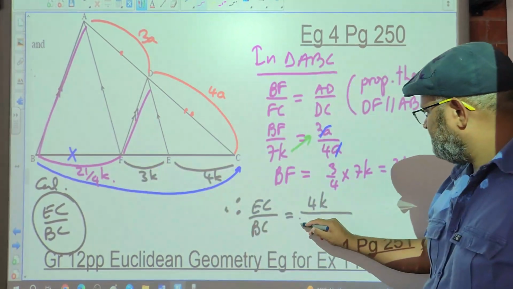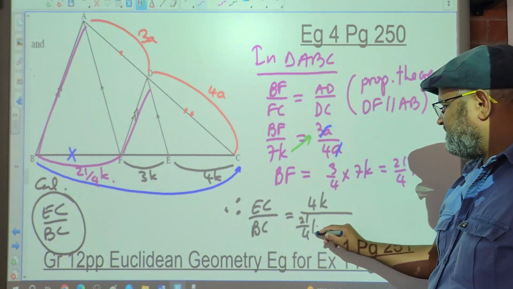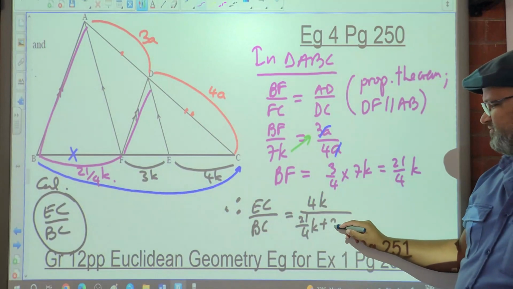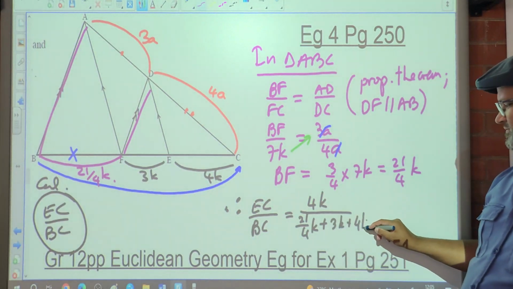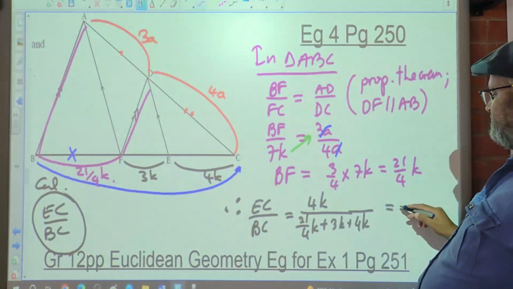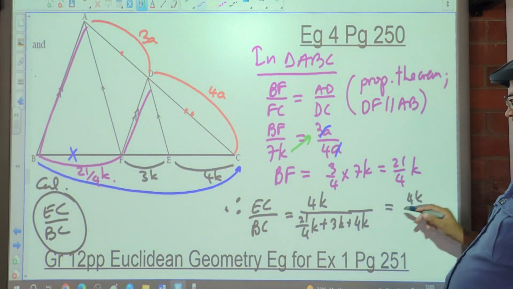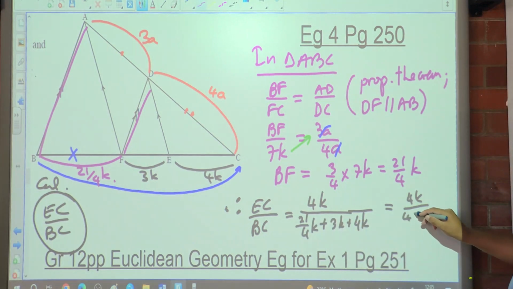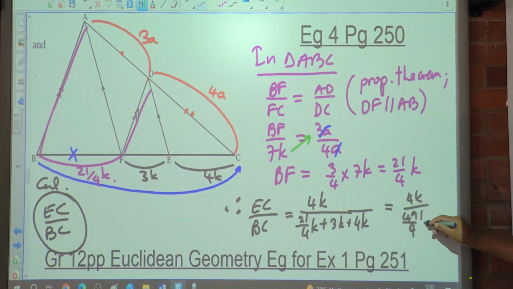BC is going to be 21 over 4 K plus 7K, or 3K plus 4K, which is the whole length here, no? So that gives you 4K over 49 over 4 K, which gives you 49 over 60.